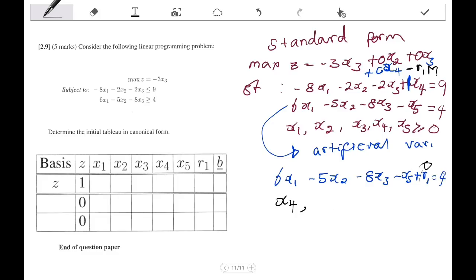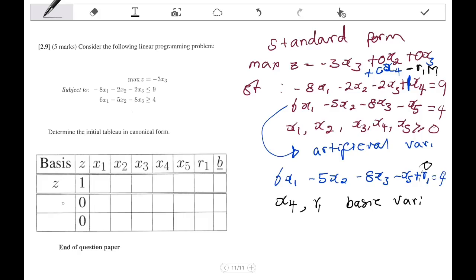We have R1: it has a coefficient of 1 on the second constraint and 0 on the rest, including the objective function. So these two are the basic variables. Then the rest are the non-basic variables.